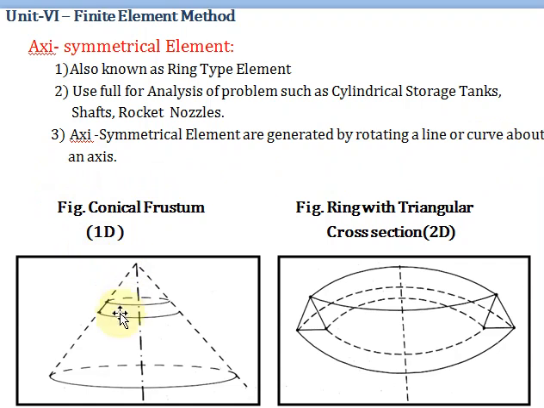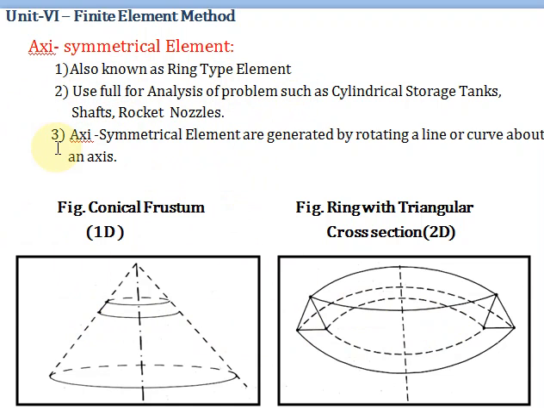This is a one-dimensional axisymmetric element, which is a conical frustum. The second is a ring with a triangular cross section, which is two-dimensional.